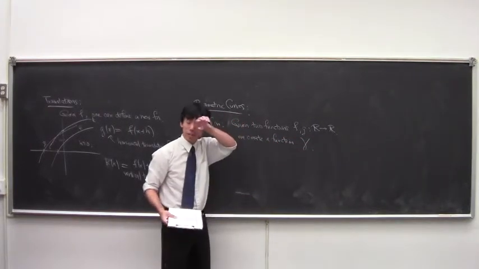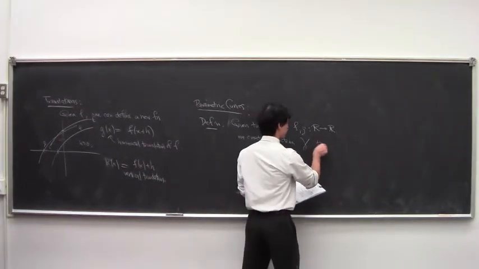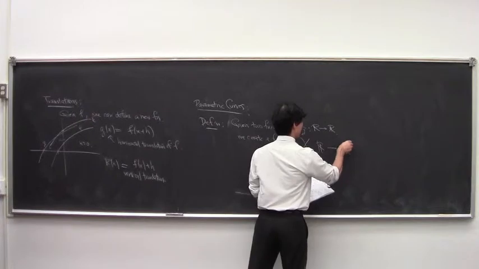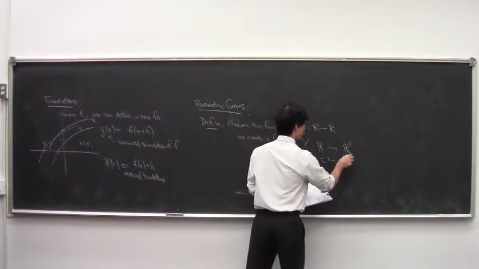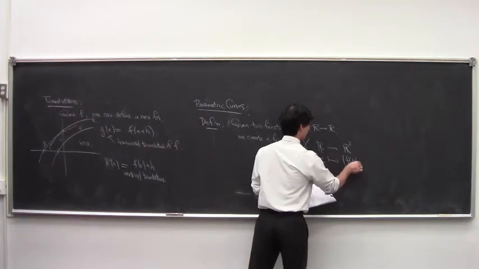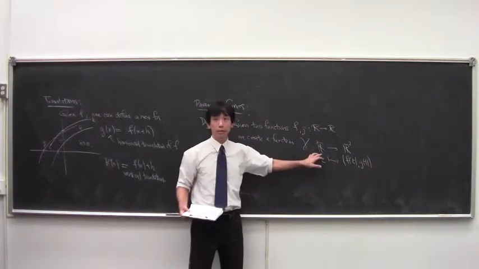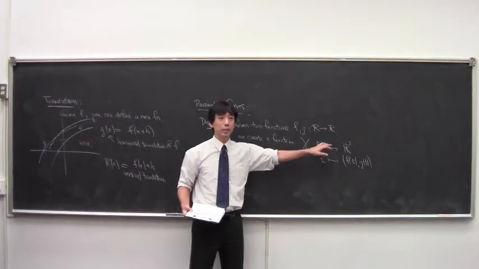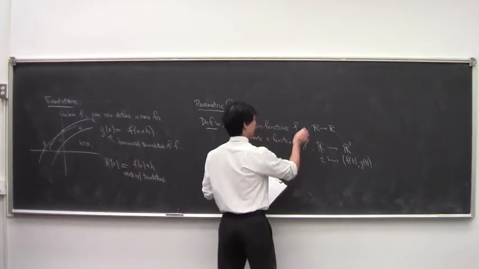This is a little gamma, a little g in Greek. And this function is a function from R into the plane, from the line into the plane.